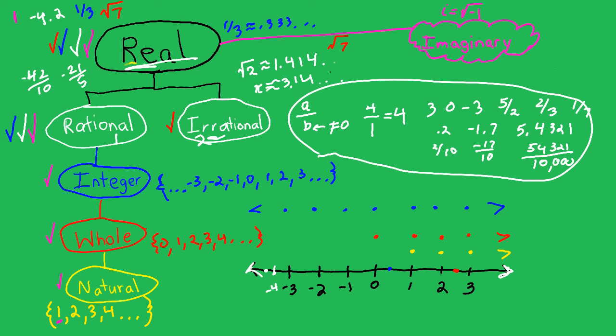Just like what square roots do, they go on and on without a pattern unless they happen to be a perfect square, like square root of 4, square root of 9. Anything that has a perfect square underneath the radical would be rational, but otherwise a square root is going to be irrational.